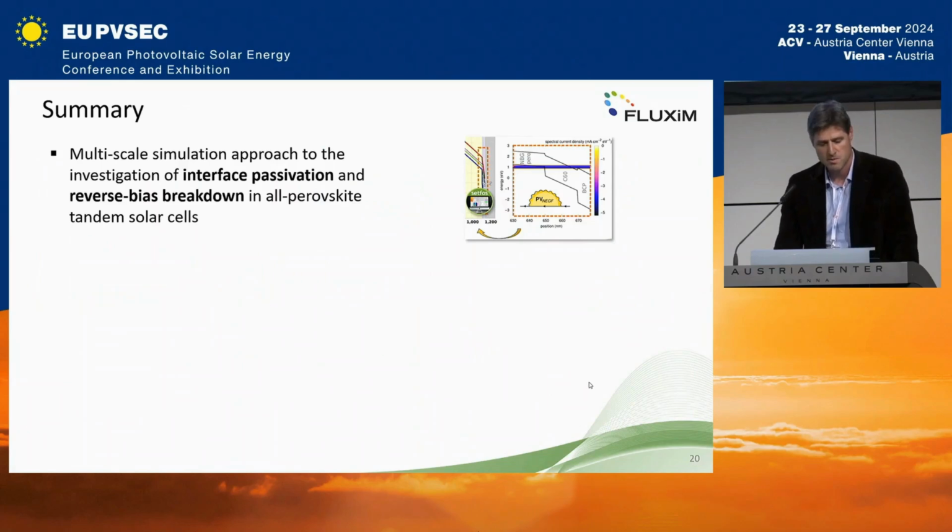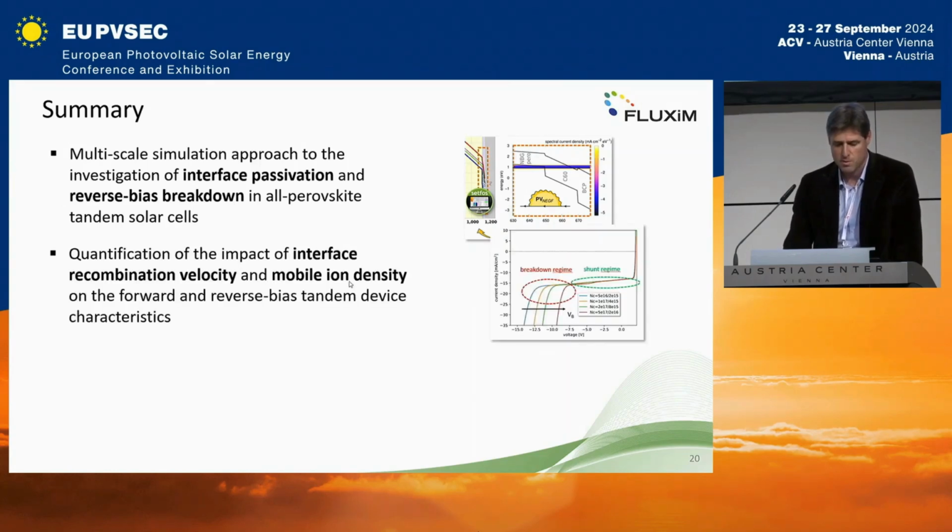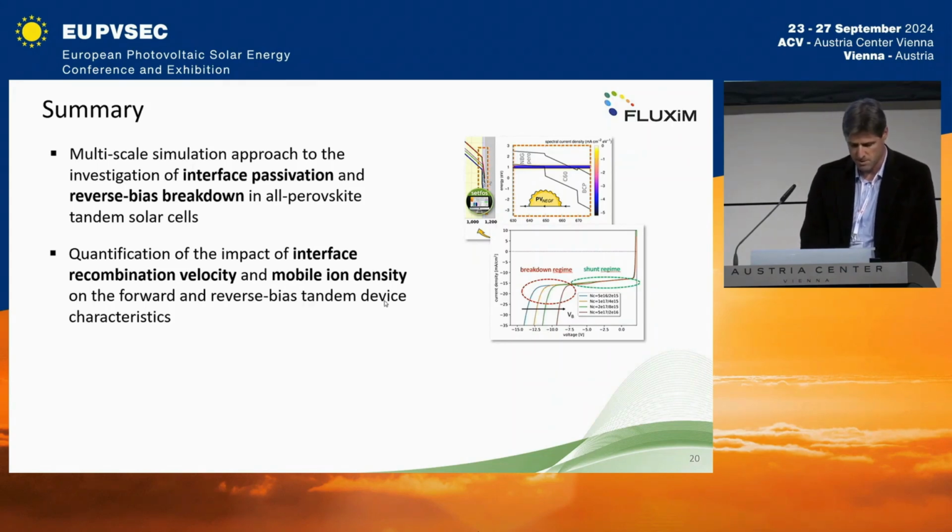Okay, this brings me to the summary. I presented this multi-scale simulation approach to investigate interface passivation and reverse bias breakdown in all-perovskite tandem solar cells. And this allows you to quantify the impact of the interface recombination velocity or passivation quality, but most importantly, the mobile ion density on forward and reverse tandem characteristics on device level.